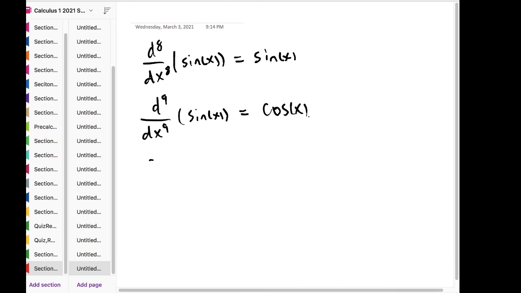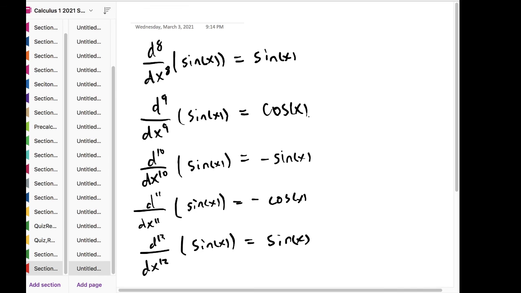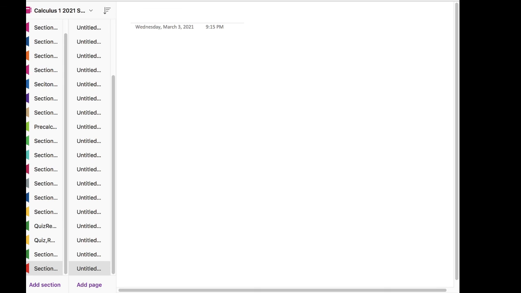What do you think d10 is? Negative sine. d11. Negative cosine, yeah. And d12. Back to sine. Okay. How about d to the 173?